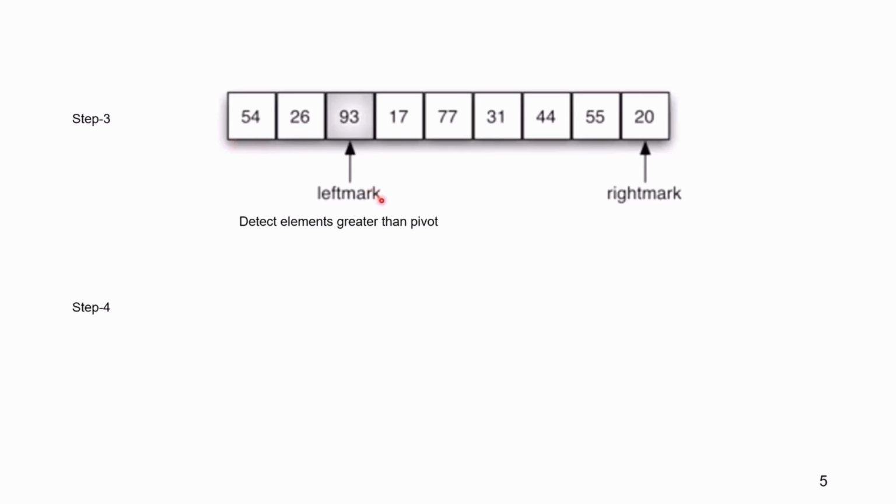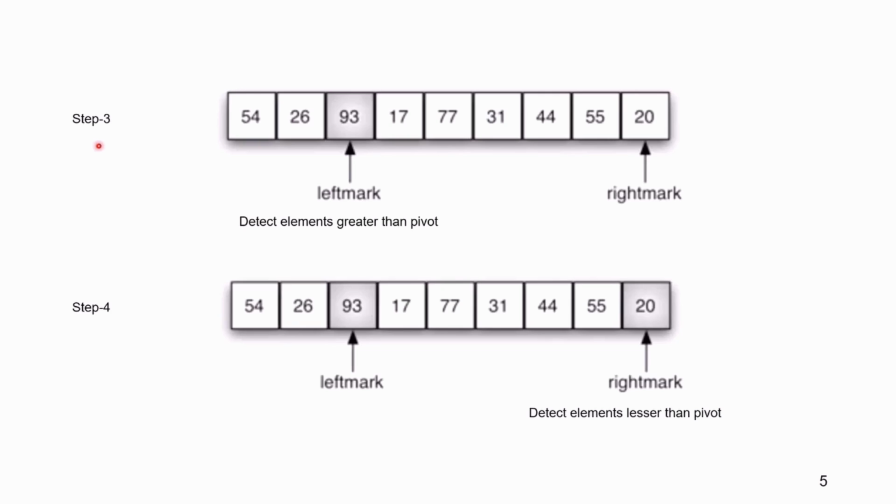Now let's look at the right marker. The right marker is exactly opposite to that of the left marker. The role of the right marker is to detect elements which are less than 54, that means our pivot element. We are going to continue to decrement our right marker until we detect an element which is less than 54.